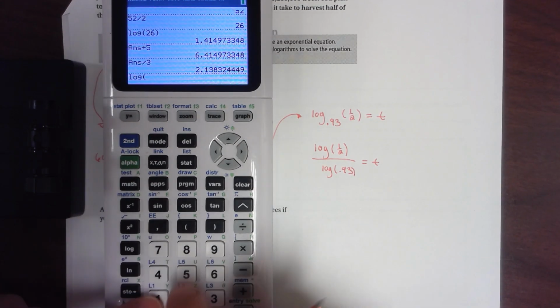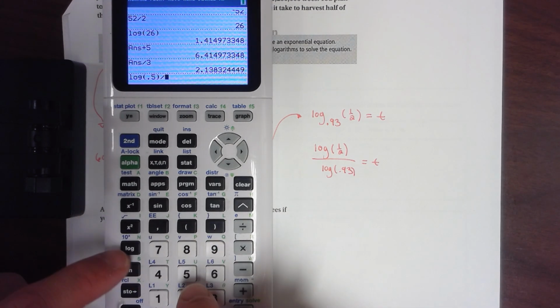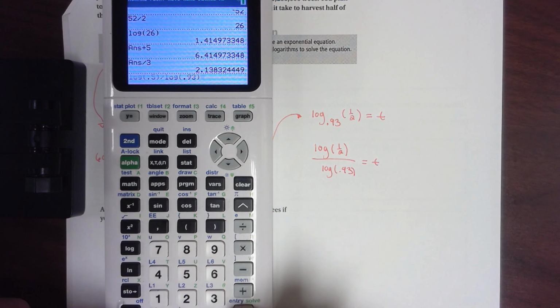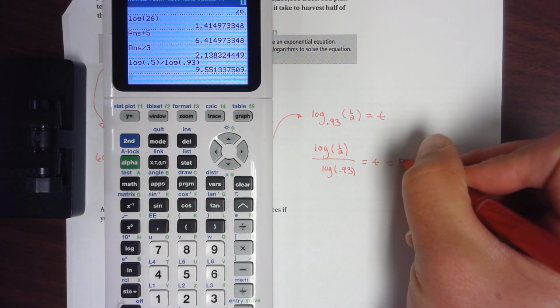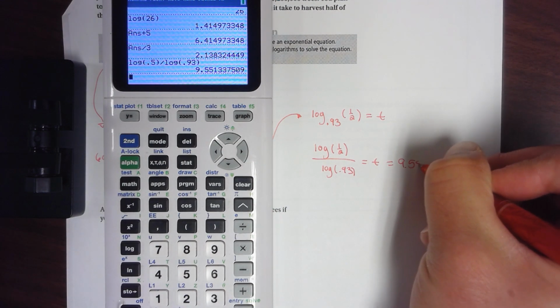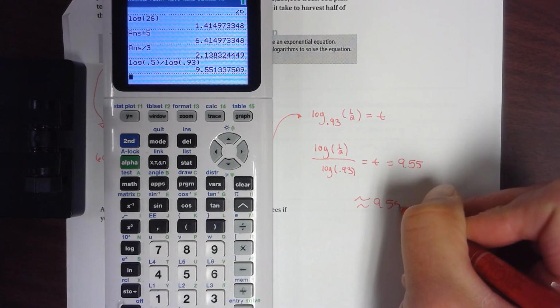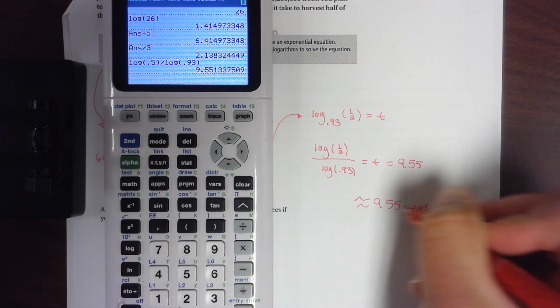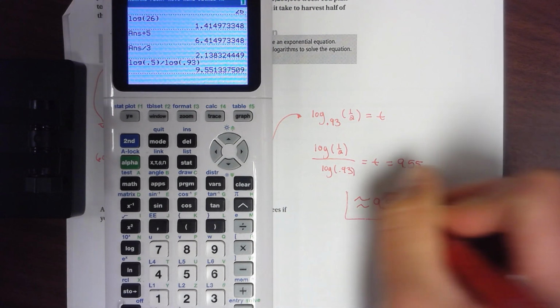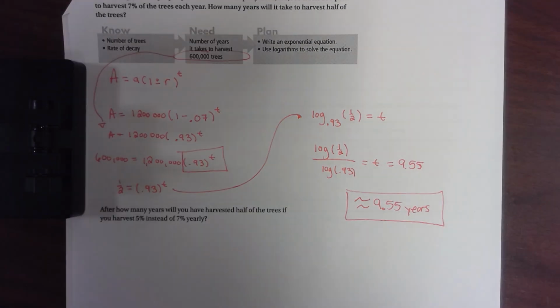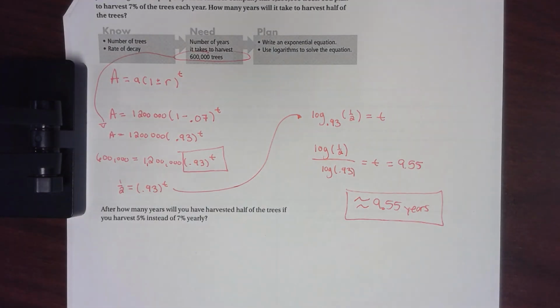So log of 0.5 divided by log of 0.93 is 9.55. So to answer the question, we'd say about 9.55 years. That's about how long it would take to get from 1,200,000 trees to about half of them at that decay rate of 7%.